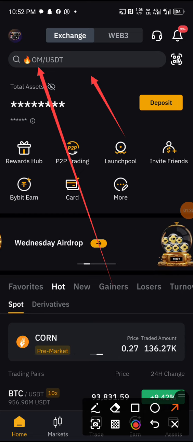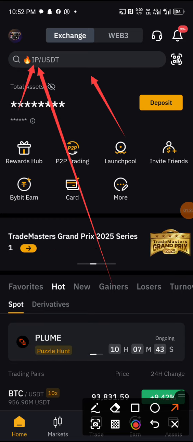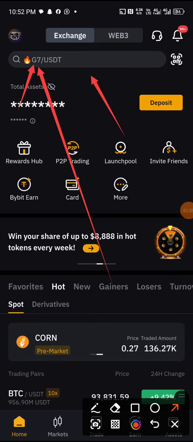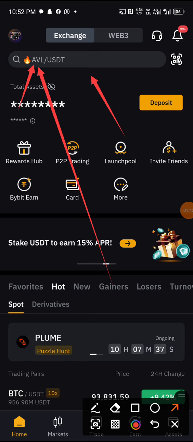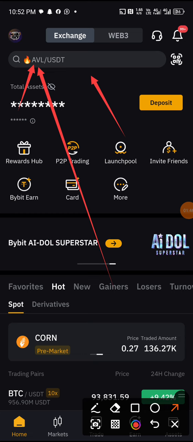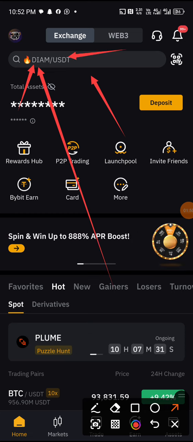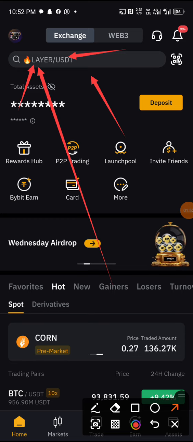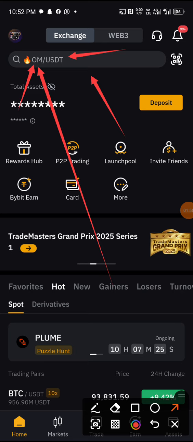You can see, like right now, it's showing OM, IP, G7, AVL, and all those ones are trading against USDT. So all you just need to do is to come to this place and watch carefully.